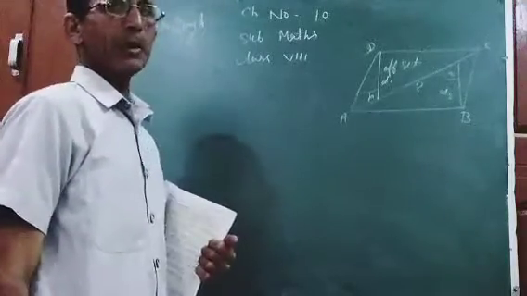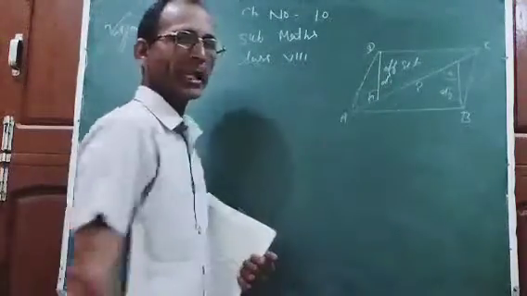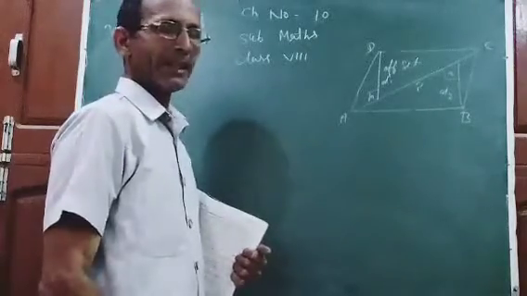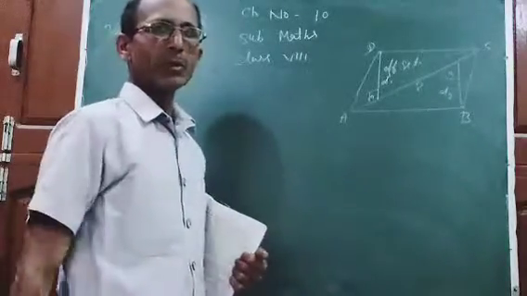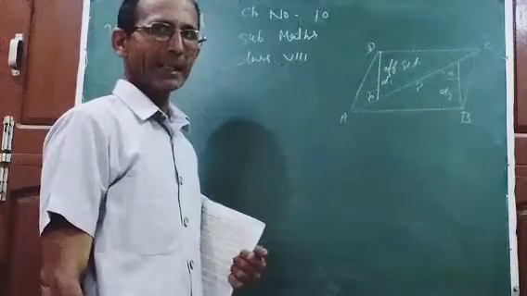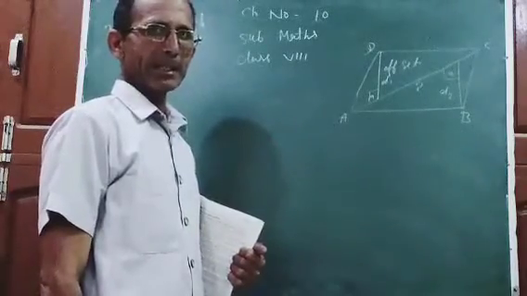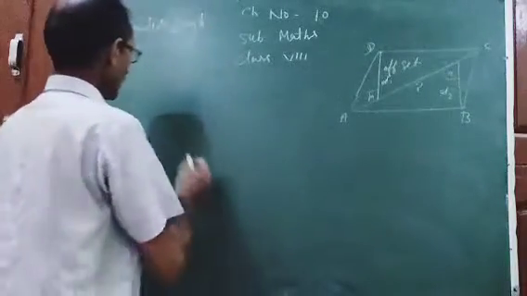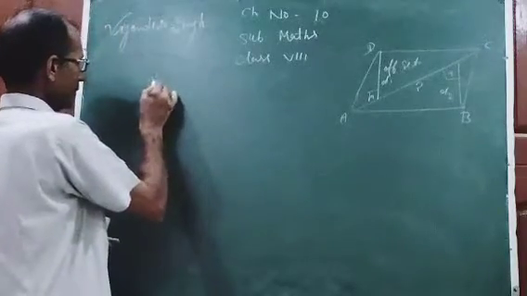So what is the formula? If the diagonal and offsets are given, the area of the quadrilateral is 1 by 2 length of the diagonal into h1 plus h2.